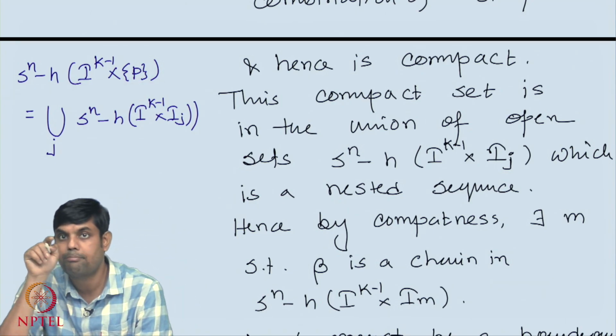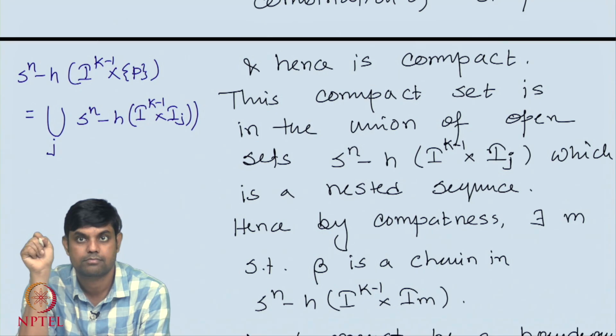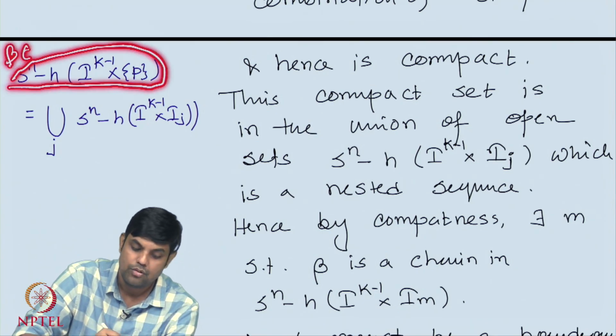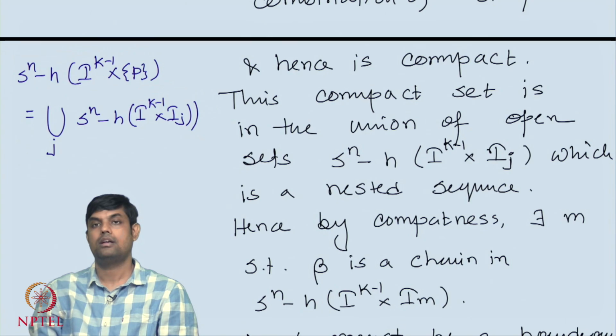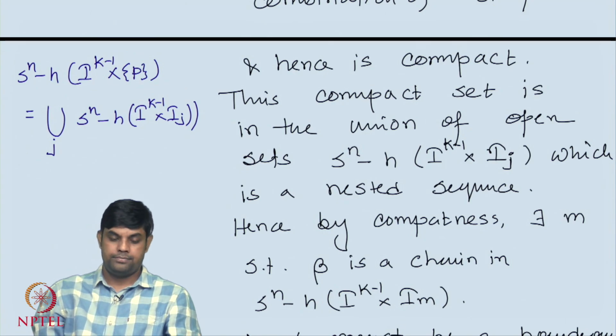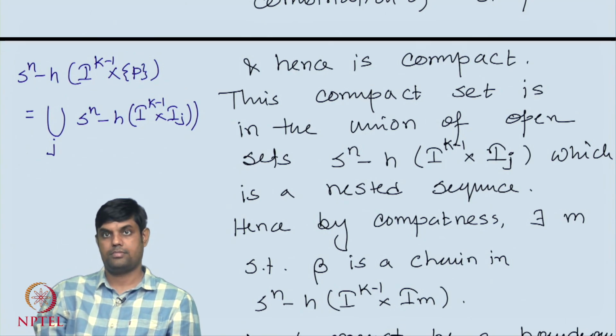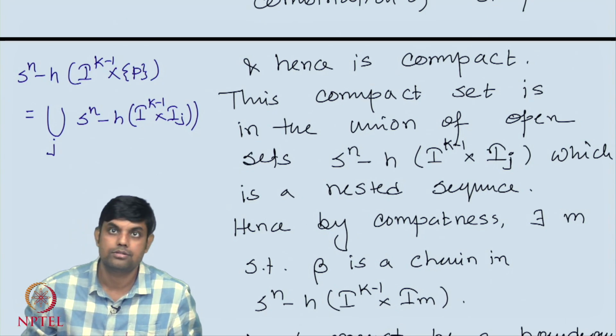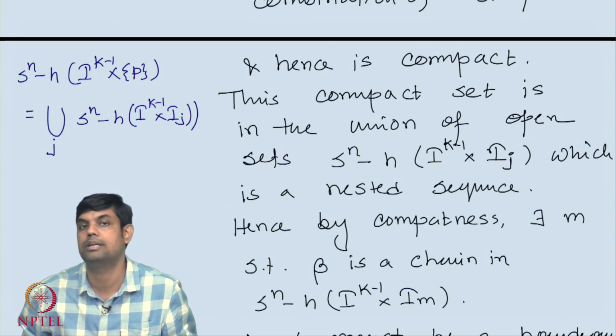In particular, beta is a compact subset covered by the union of these objects. So, by compactness, beta is covered by finitely many of them.